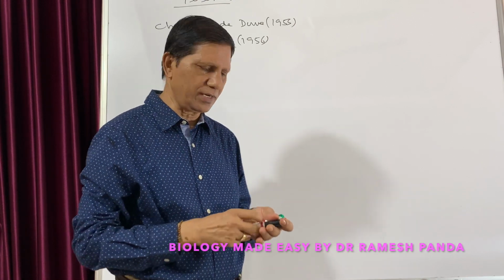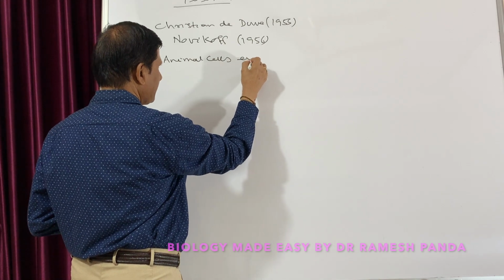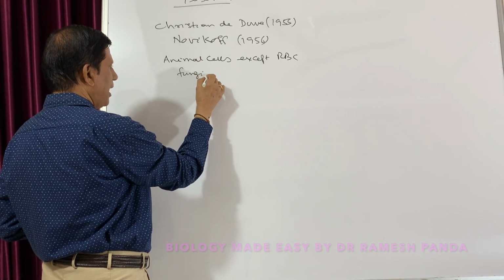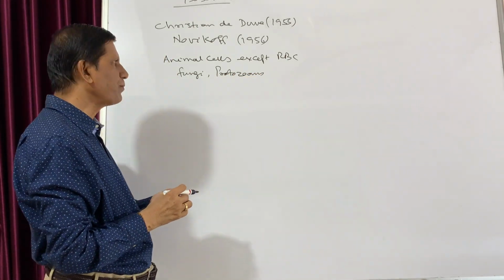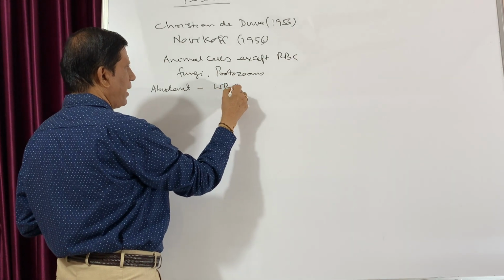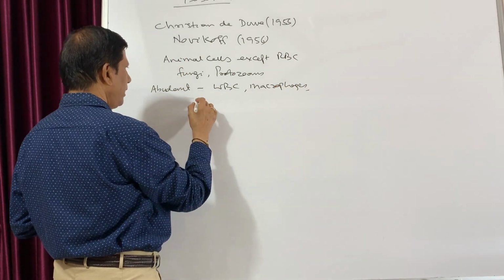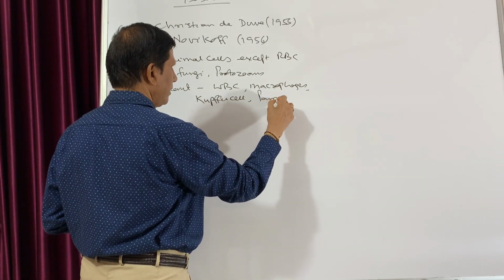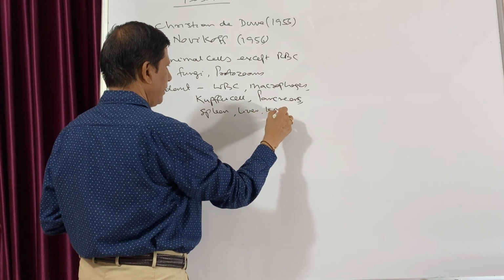Now this lysosome is present in most of the eukaryotic cells and mostly only animal cells. They are not present in plant cells. They are present in animal cells except RBC. They are also present in fungi and some protozoans, but they are absent in the plants, and they are abundantly present in white blood corpuscles, macrophages, then Kupffer cell, then pancreas, spleen, liver, and kidney.